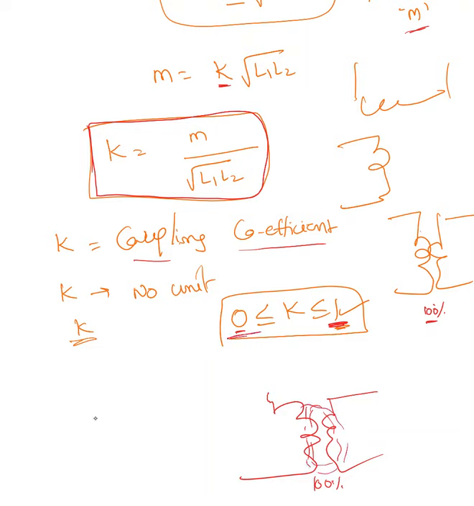K equal to 0 indicates that those two coils have no magnetic connection. Whatever magnetic flux is produced by coil 1 is not connecting to coil 2. Then the K value is 0. So a K value of 1 is good, a K value of 0 is bad, there is no magnetic connection.